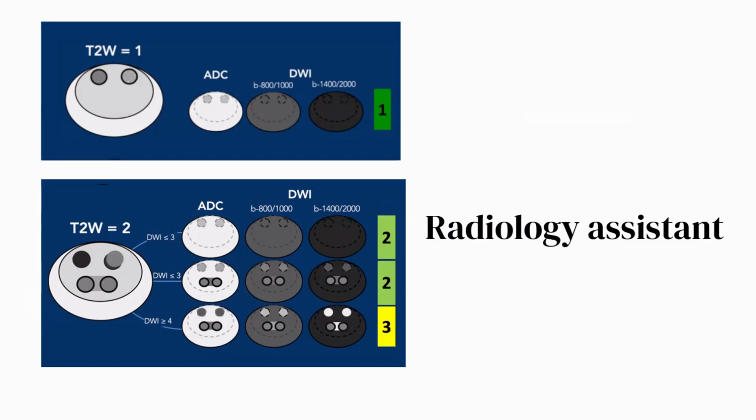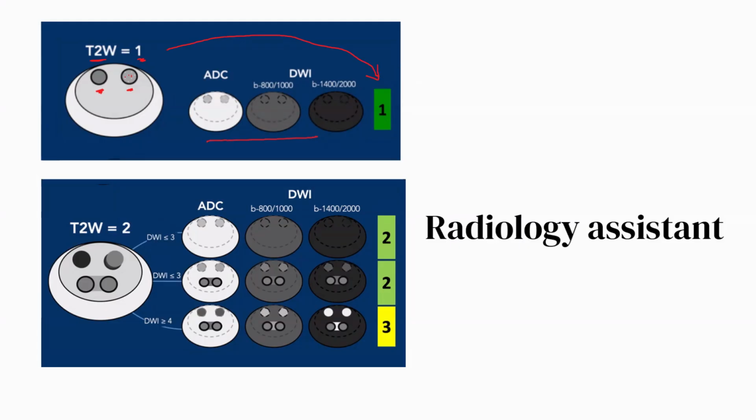So let's review again with our amazing figures from the radiology assessment. If we have nodules sharply marginated, even with some cystic changes, this one scores 1 according to the T2 weighted image. Regardless of the diffusion weighted image, it will be PIRADS 1.